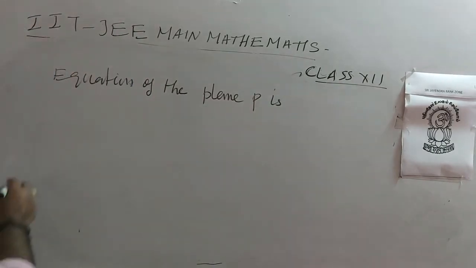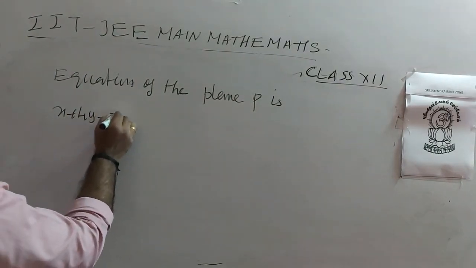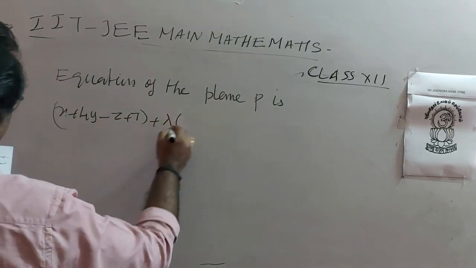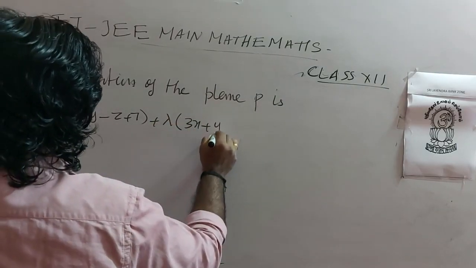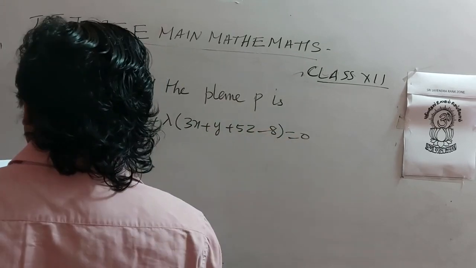Equation of the plane P is x plus 4y minus z plus 7 plus lambda into 3x plus y plus 5z minus 8 equal to 0.